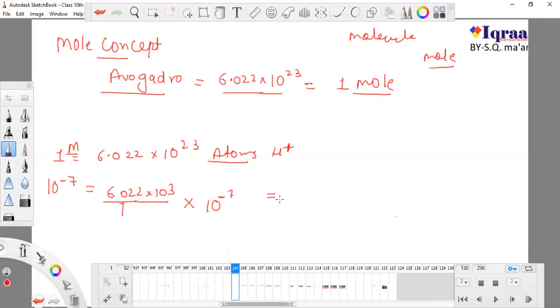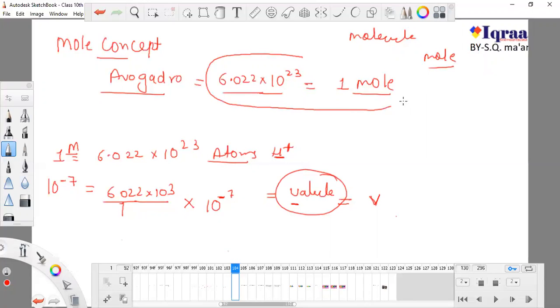It is not our concern, but there will be some value, so I am calling it V. Definitely a value will come. So this is the exact number for 10 to the power minus 7 moles. 1 mole is equal to 6.022 into 10 to the power 23 atoms. If I use OH atoms, the number for 1 mole will never change. It is a fixed number.